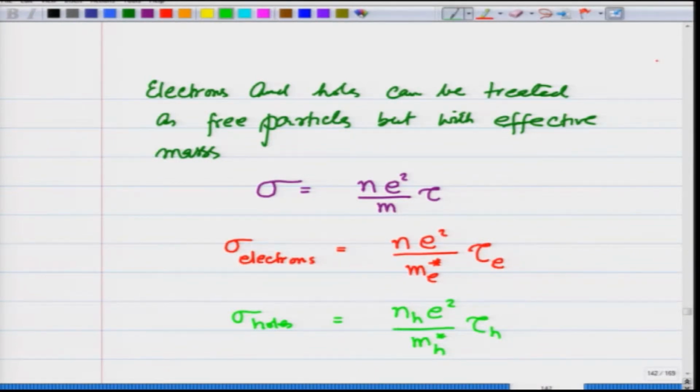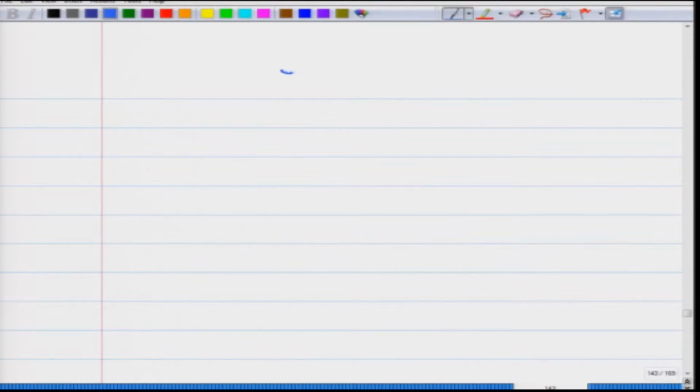So, suppose I have an electron. When an electric field is applied on the electron in this direction to the right, it develops an acceleration in the opposite direction, and therefore v e drift is in the opposite direction.